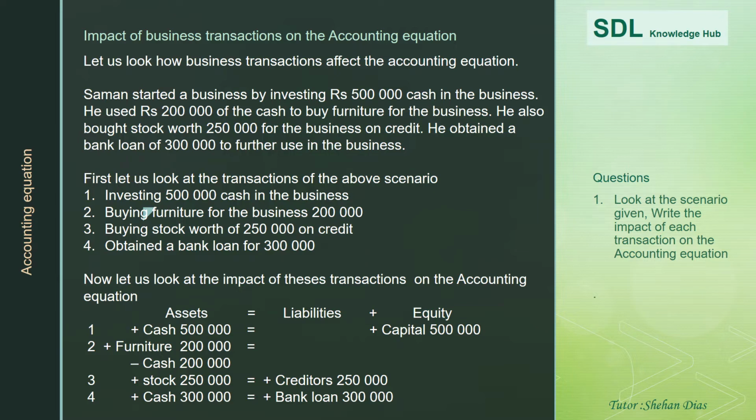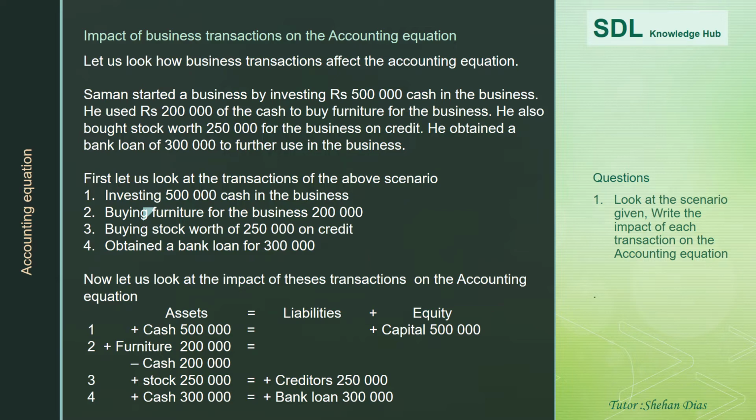Number 2, buying furniture for the business, 200,000. Since this is bought by cash, cash will reduce by 200,000 and another asset, furniture, will increase by 200,000. So in the accounting equation, this transaction is recorded on the same side, whereas one asset increases and another asset decreases.